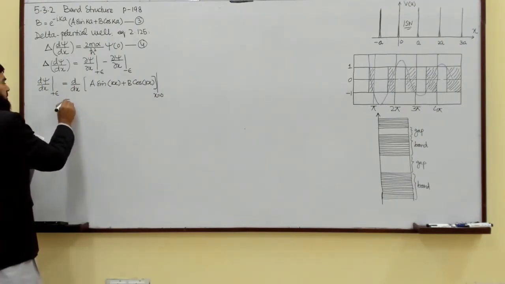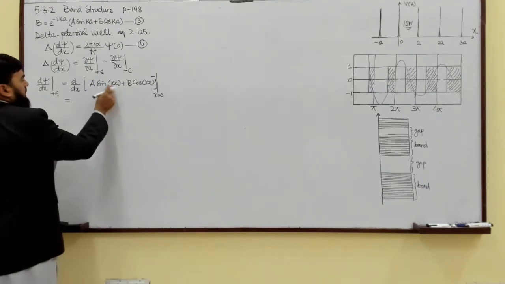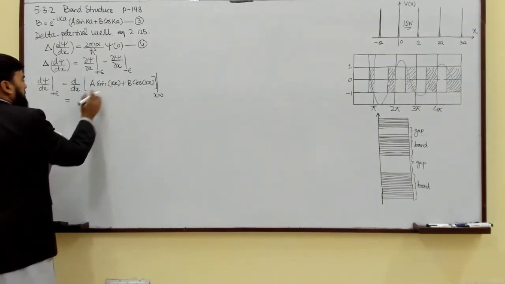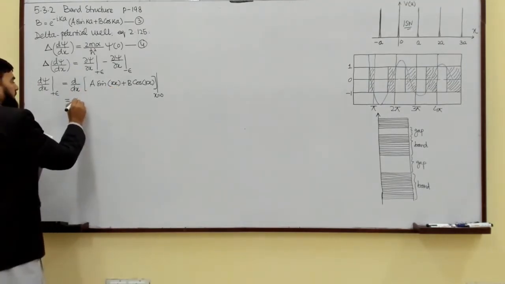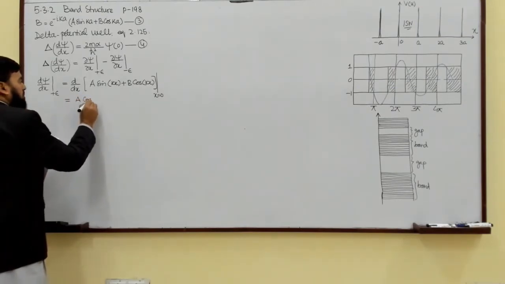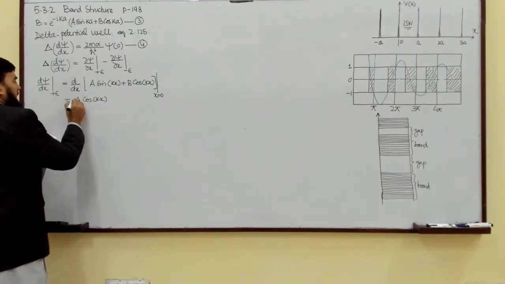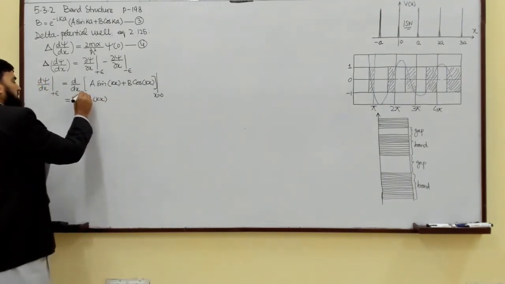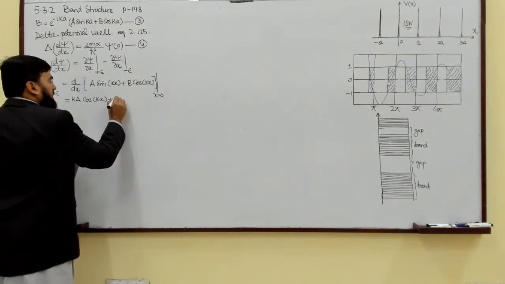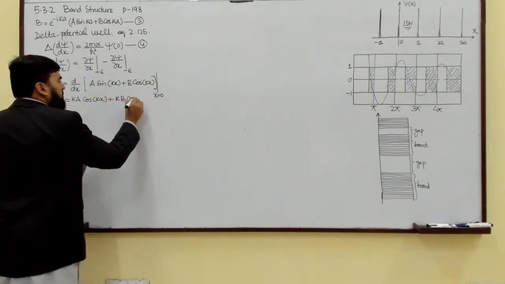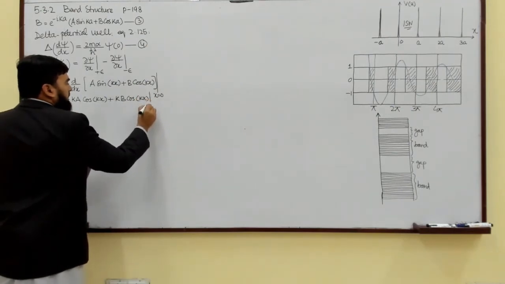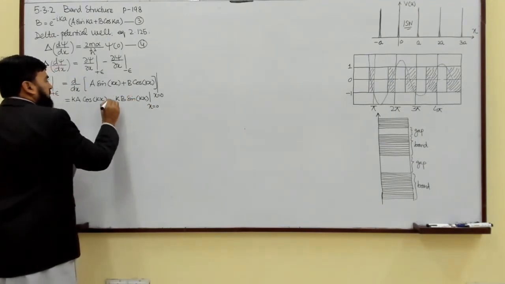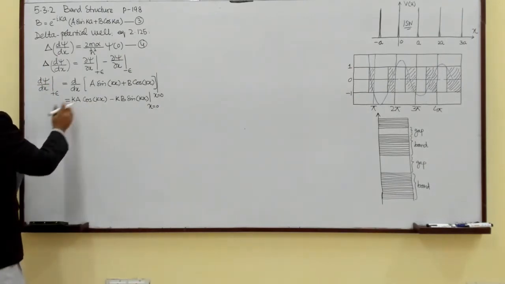Take the derivative first: this is k times A, and then sine will become cos, so it will be kA cos kx, plus k B times the derivative of cos, which becomes sine with a minus sign.